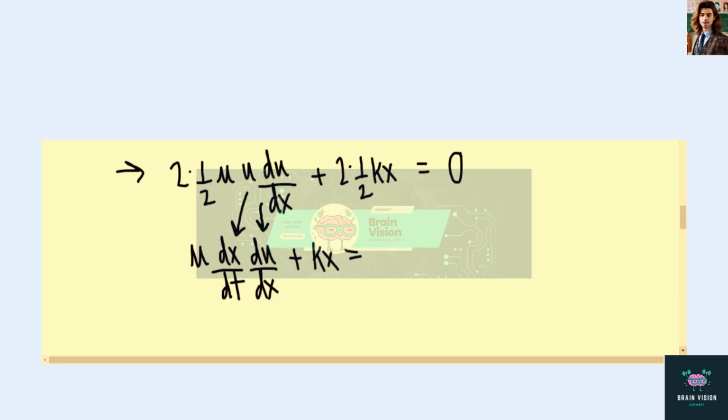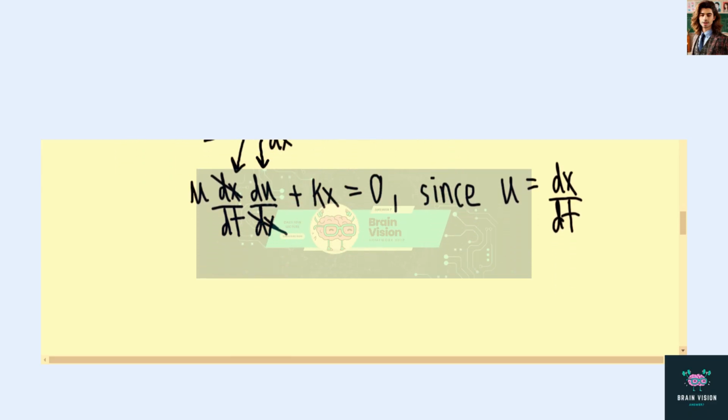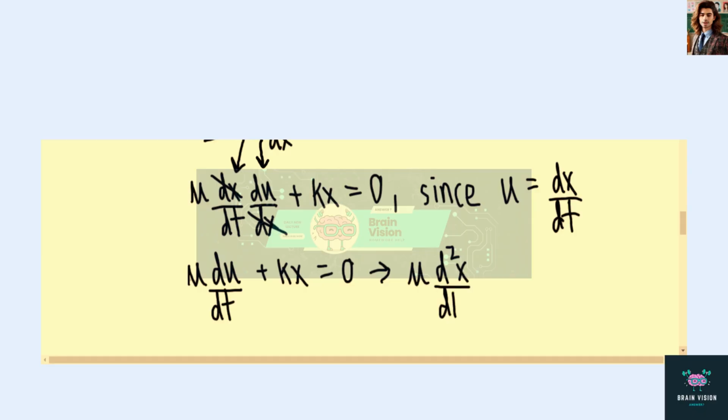And in the potential term, we simply get kx. We took the derivative of x squared, and the derivative of a quadratic is 2 times x if you're taking the derivative with respect to x. And again, these two terms add to 0, and the dx's go away in the chain rule, and we have du over dt.